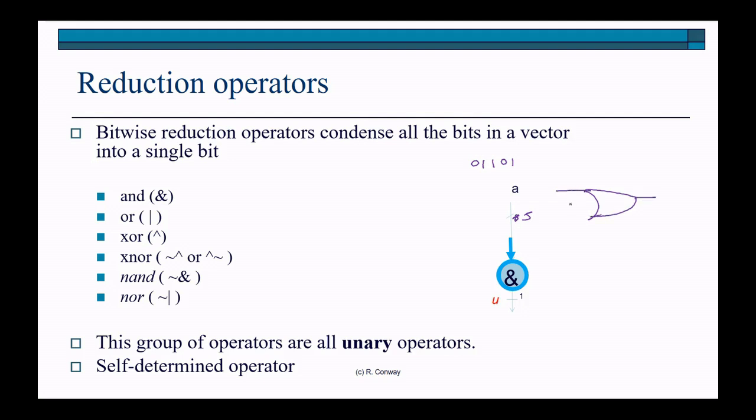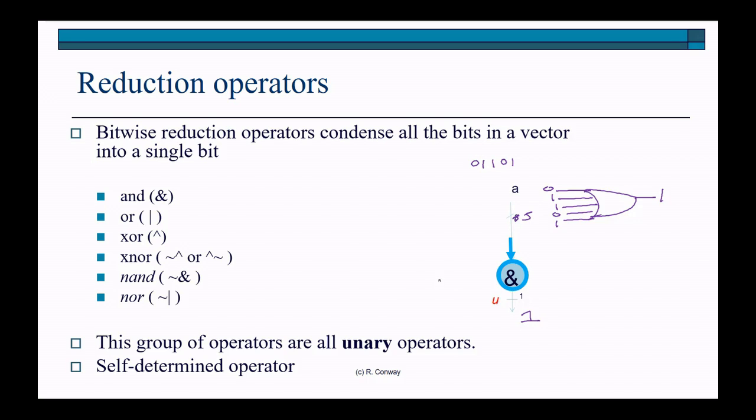So it's equivalent to the following. In our example, having an OR gate with 5 inputs with 5 single bits to represent our 5 bits, 0, 1, 1, 0, 1. And in this case, the result is 1. The output from the operator in this example is 1.